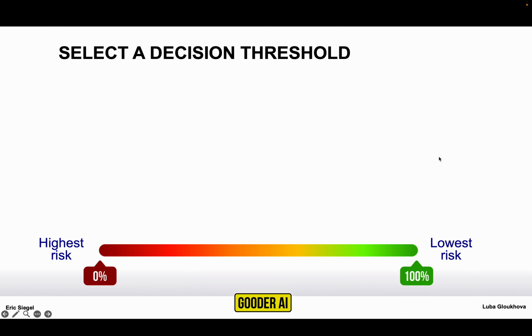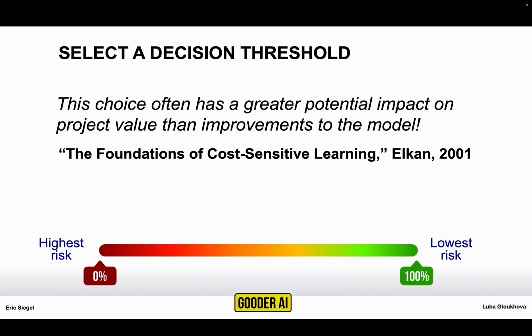So in general, from left to right, let's talk about something that's risky, like some transaction that could be fraudulent. We've ordered from highest risk down to lowest risk, and choosing that cutoff point, that decision boundary, often has a greater potential impact on the project, its value from a business standpoint, than improvements technically to the model itself, whether that involves a more sophisticated or better modeling approach for this problem or better data.